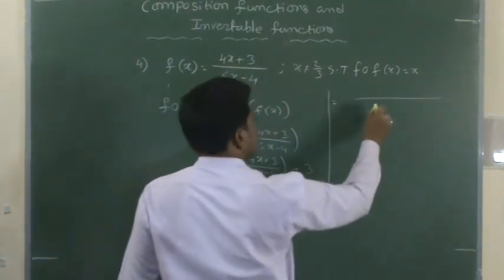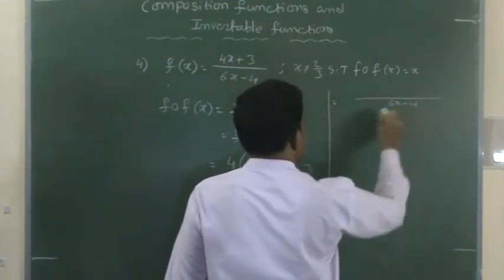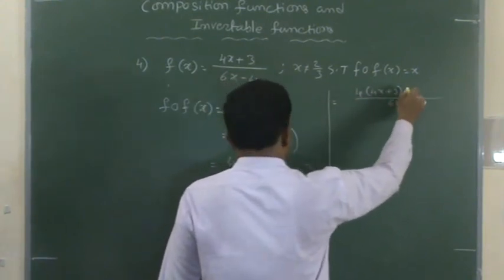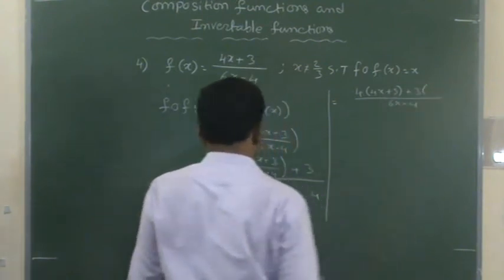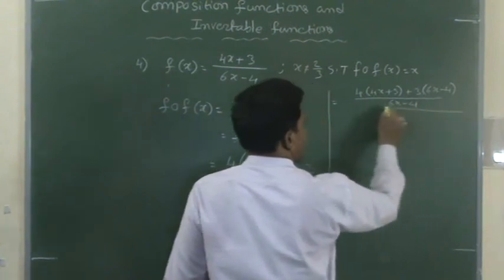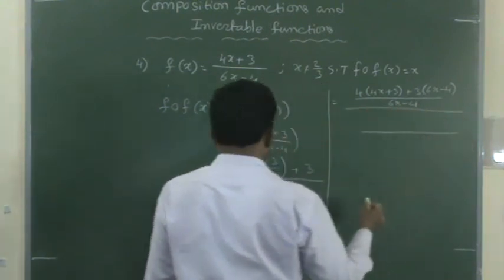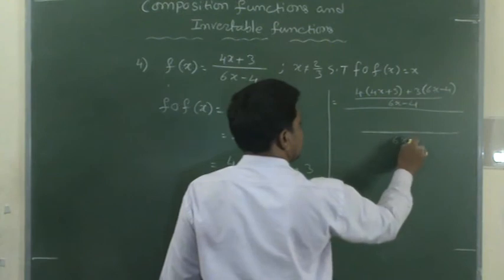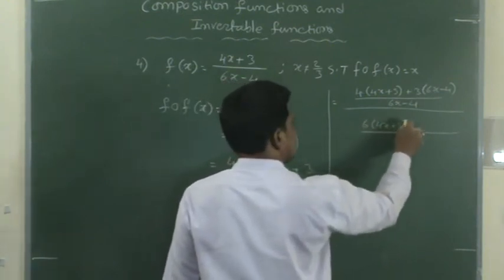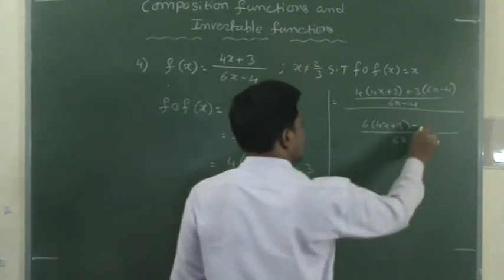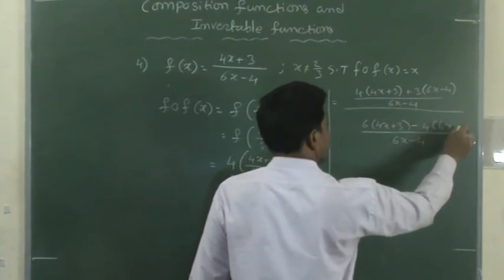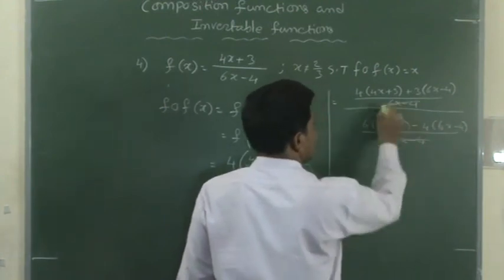The LCM is 6x minus 4. So we get 4 into (4x plus 3) plus 3 into (6x minus 4). In a similar manner, I take the LCM of 6x minus 4. Here 6 into (4x plus 3) minus 4 into (6x minus 4). So these two are cancelled.